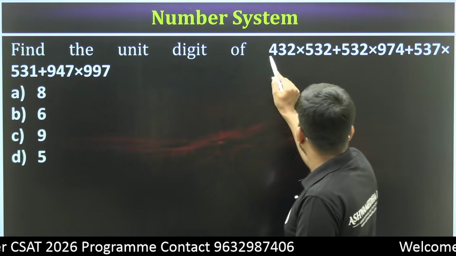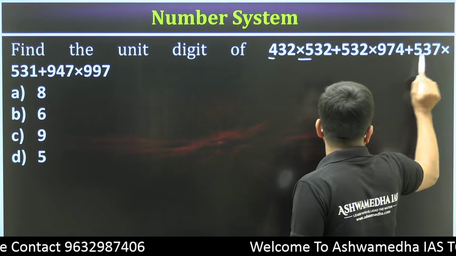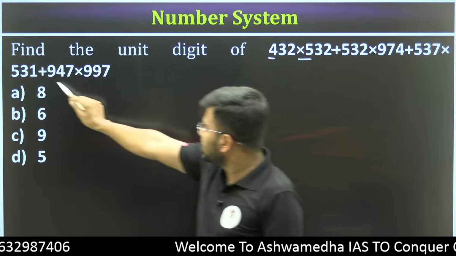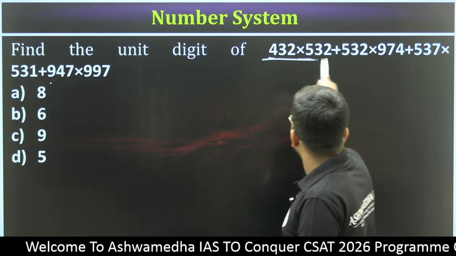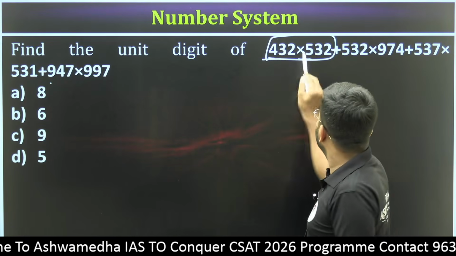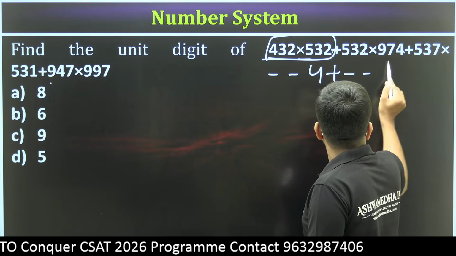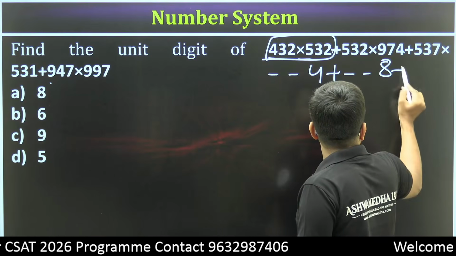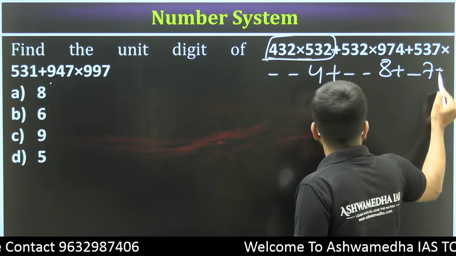Find the unit digit of 432 into 532 plus 532 into 974 plus 537 into 531 plus 947 into 997. Look here. You're supposed to find the unit digit of these products. 2 2s are 4 plus 4 2s are 8 plus 7 into 1, that's 7, plus 7 sevens are 49.